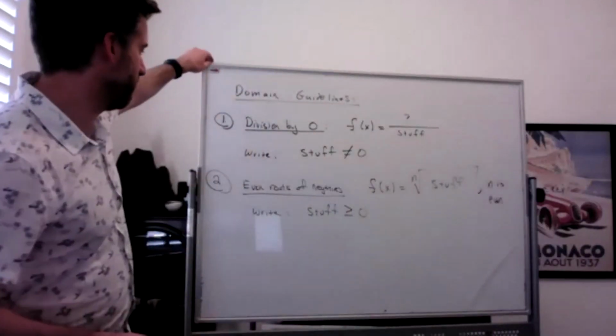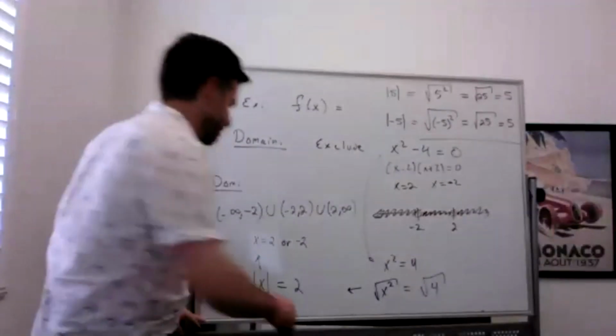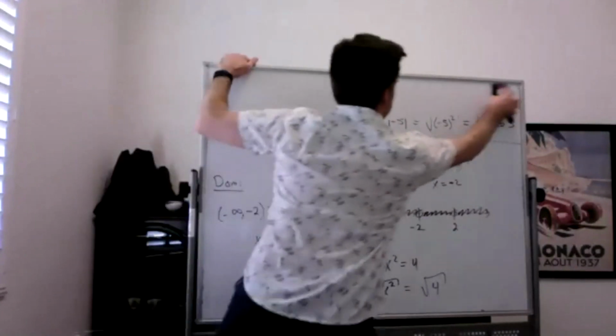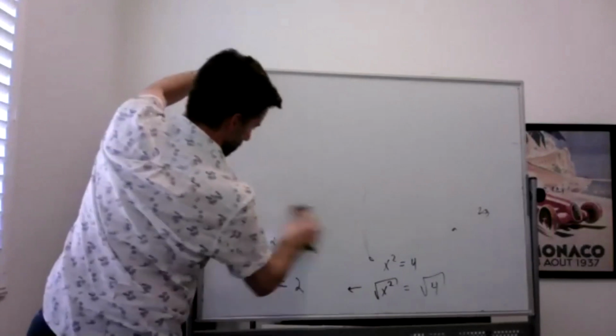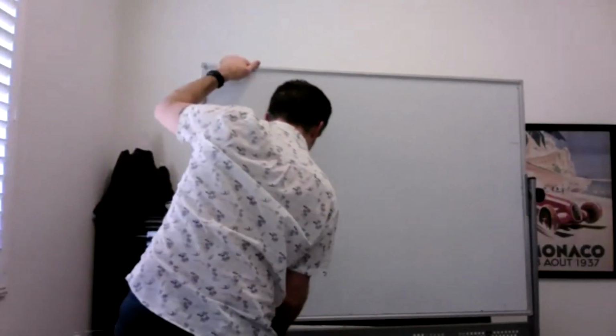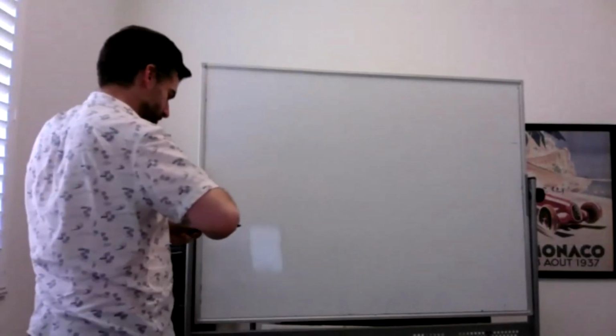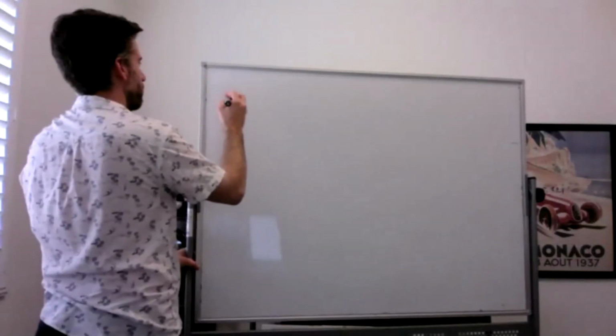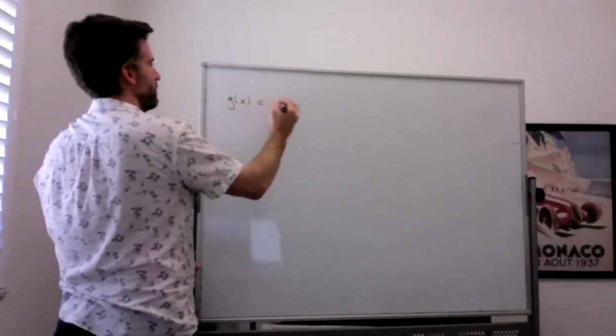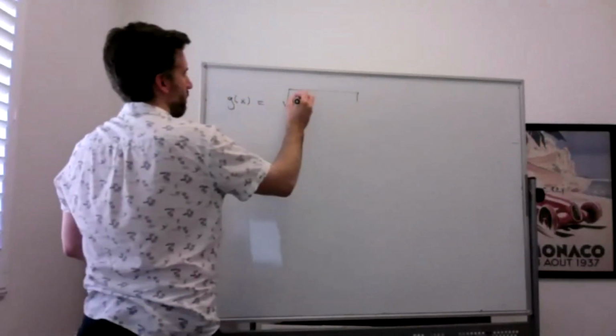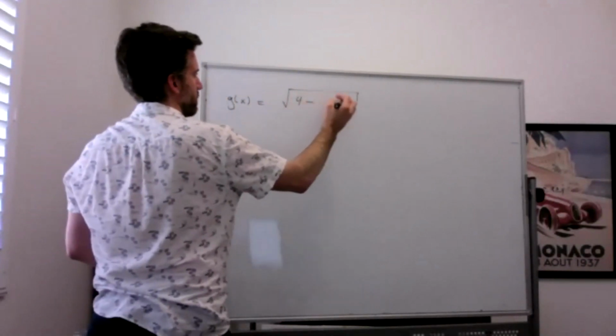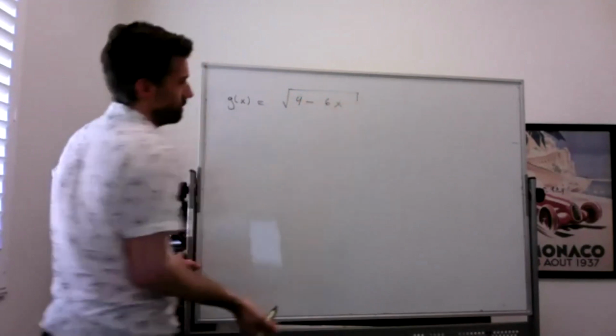A couple examples of this. Only 2 examples. So g of x equal to the square root of 4 minus 6x.